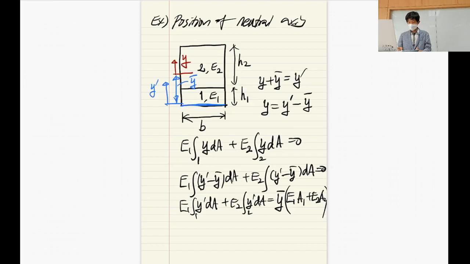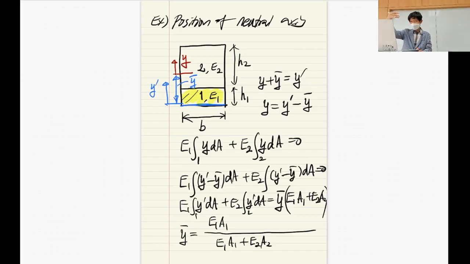That's why the position of neutral axis can be calculated by using this formula: Y bar equals the sum of the first moments divided by E1 A1 plus E2 A2. The first moment for material 1 is what? A1 times the distance to the geometrical centroid, which is H1 divided by 2.